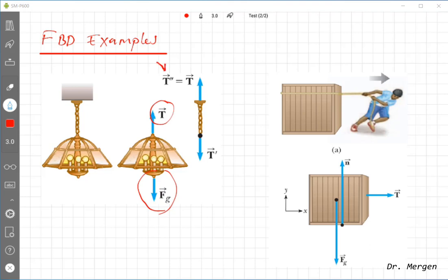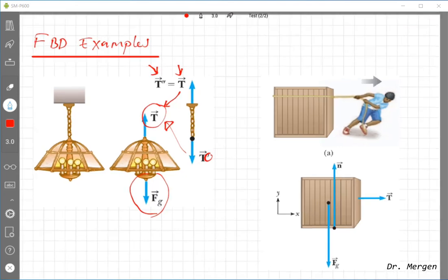Here we have T double prime, which is equal to the tension. This one was equal to this one. And also we have T prime, just one prime here, which is also equal to the force T, the tension force here. The magnitudes of those two forces are equal, but their directions are opposite.